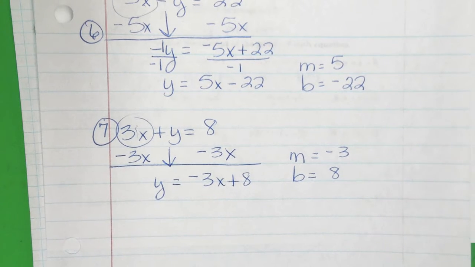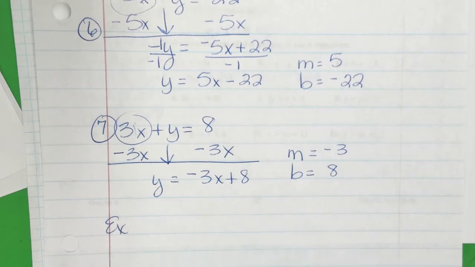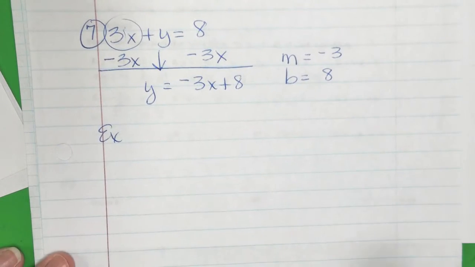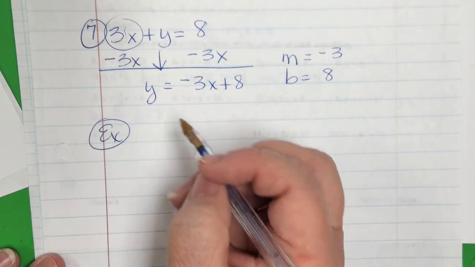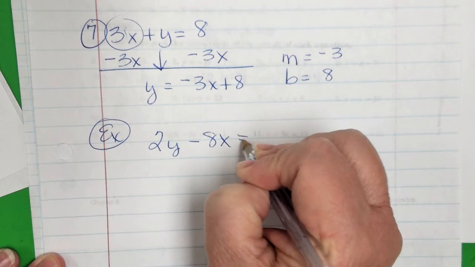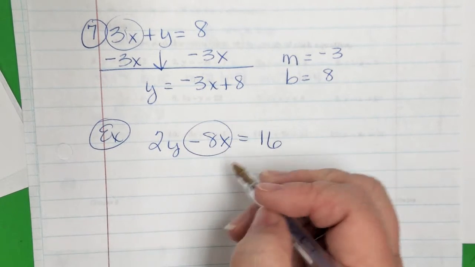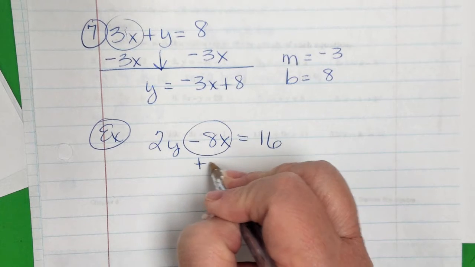Let's see. Here's another example just to make sure you're ready for anything. If we have 2y minus 8x equals 16, well, the first thing you notice, y is not by itself. So we're going to move the negative 8x first by attaching its opposite.